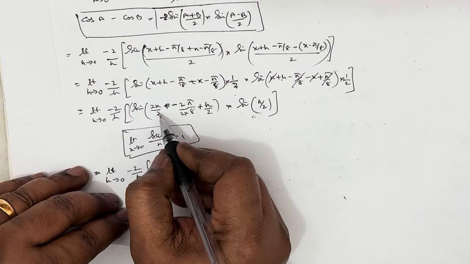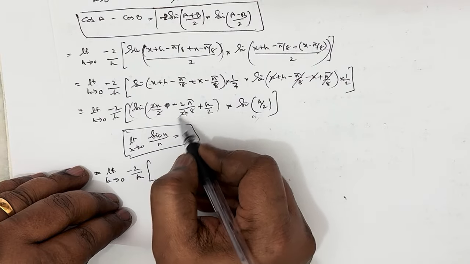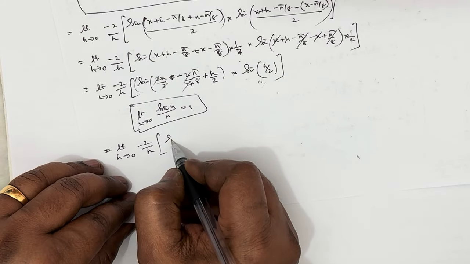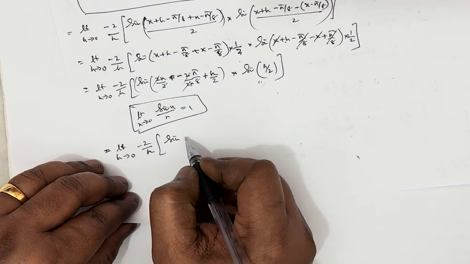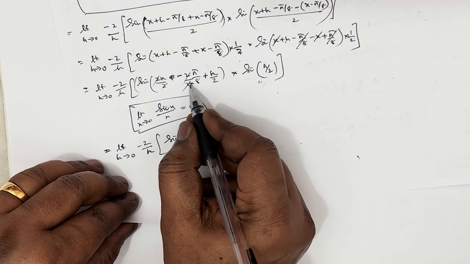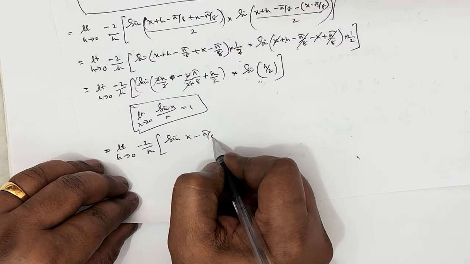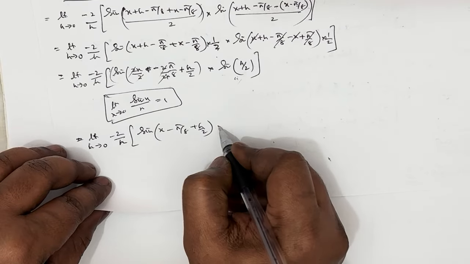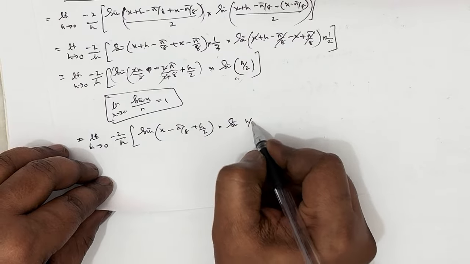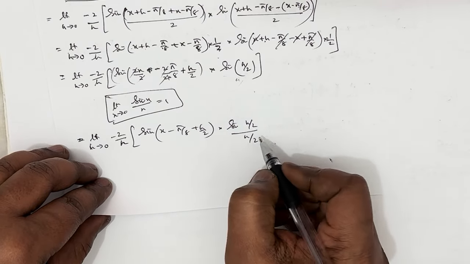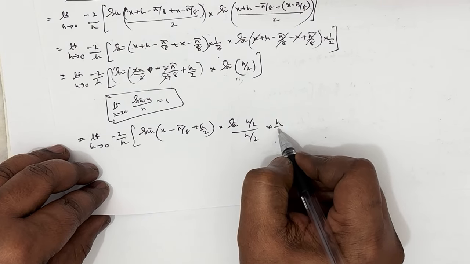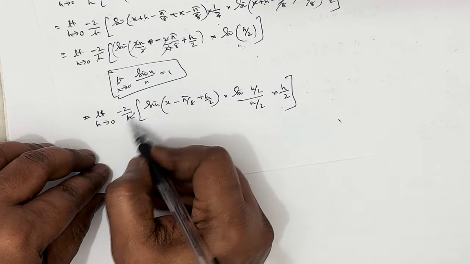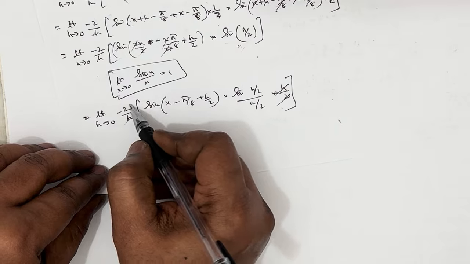Now you see, this 2 and 2 cancel. So you have sine of x minus pi by 8 plus h by 2, and here sine of h upon 2 upon h upon 2. To balance it, another h upon 2 is multiplied.